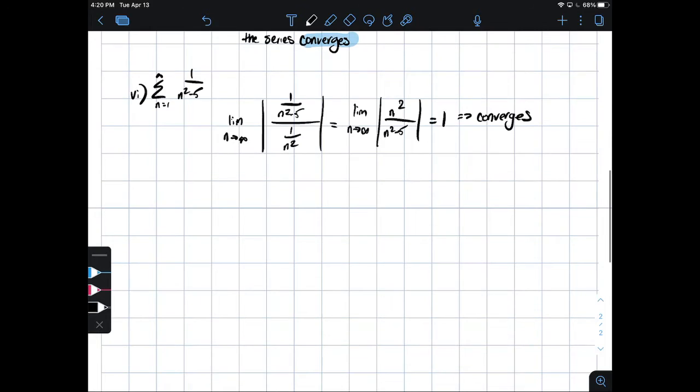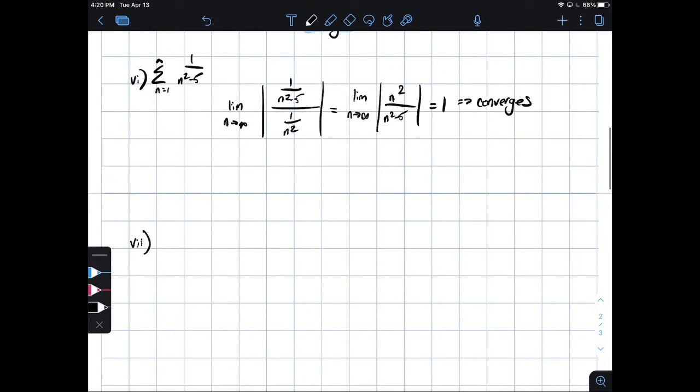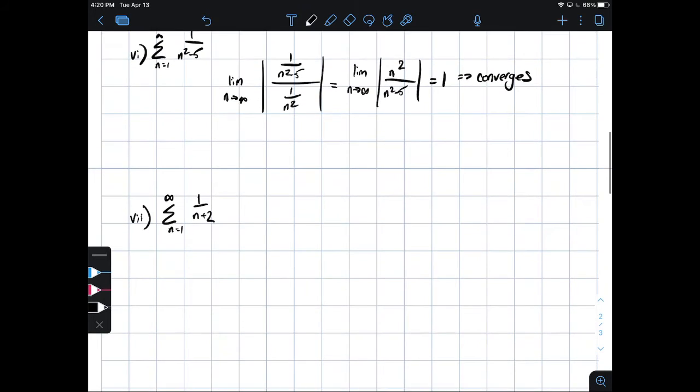Okay, on to 7. The sum from n equals 1 to infinity of 1 over n plus 2. And what we're going to do for this one is another limit comparison test.